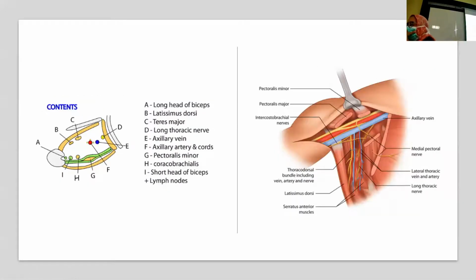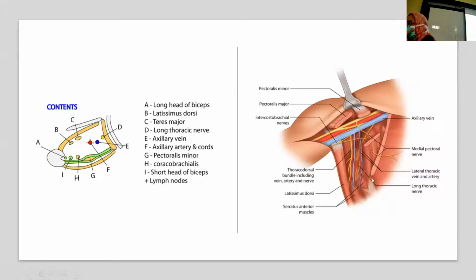So the contents, I think you probably just have to remember that your long thoracic nerve is the most medial, and the vein is more medial than the artery. So the axillary vein is more medial than your axillary artery.